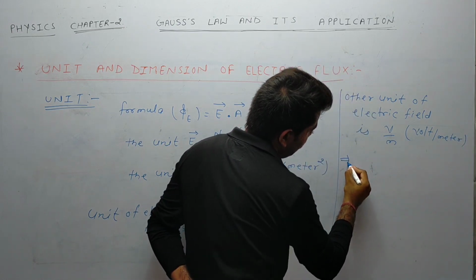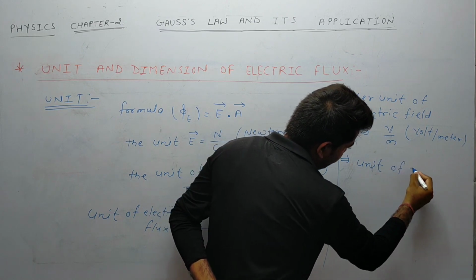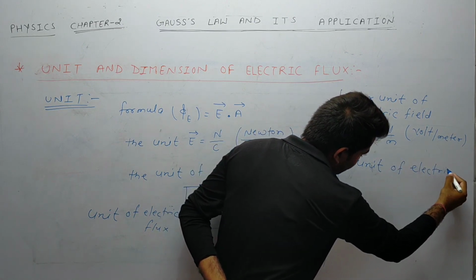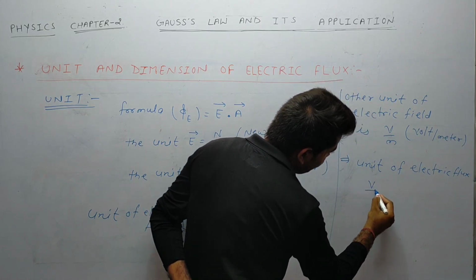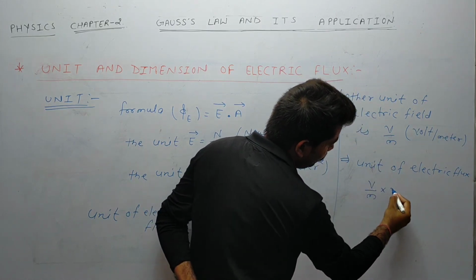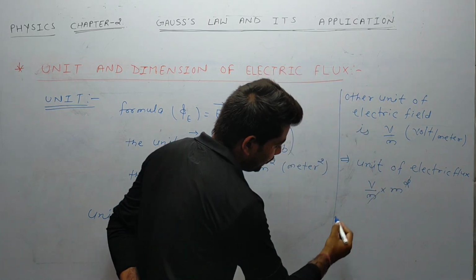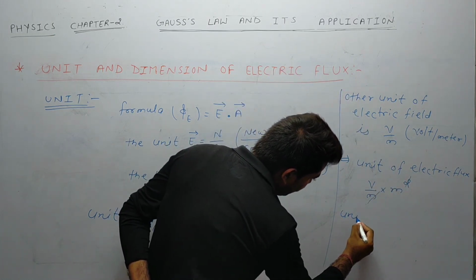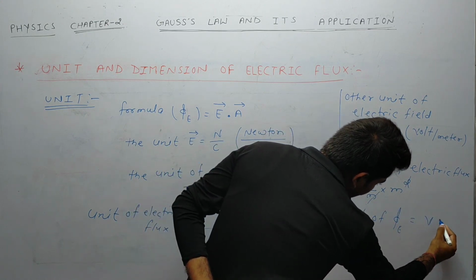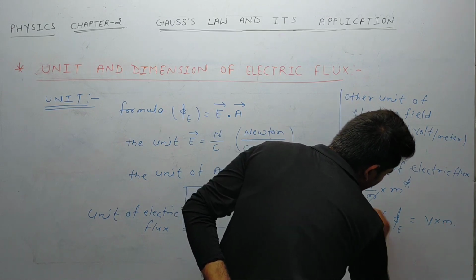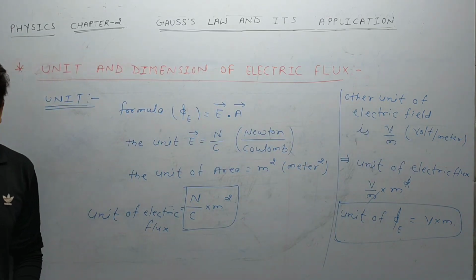So the other unit of electric flux will be volt per meter into meter square. Here meter is cancelled by meter, and we have the unit of electric flux equal to volt meter, the second unit of electric flux.